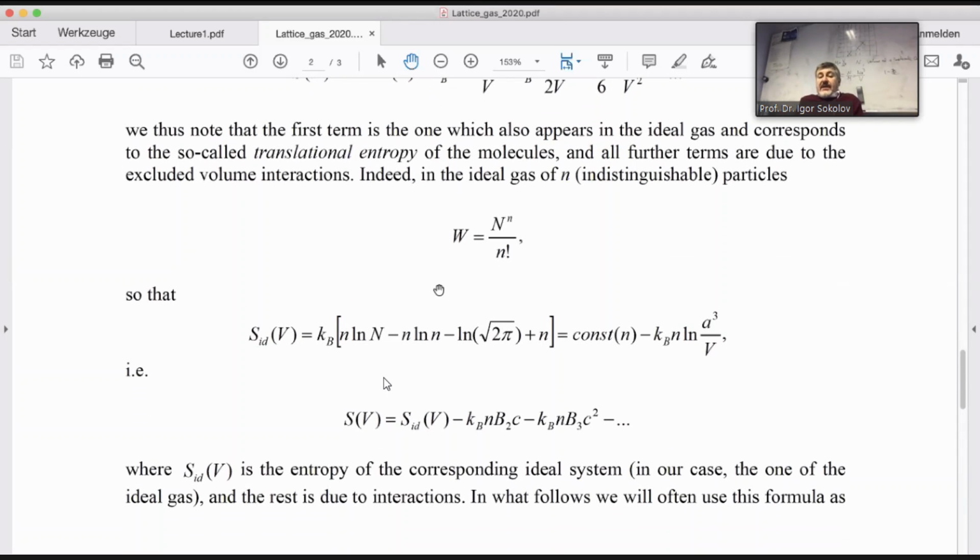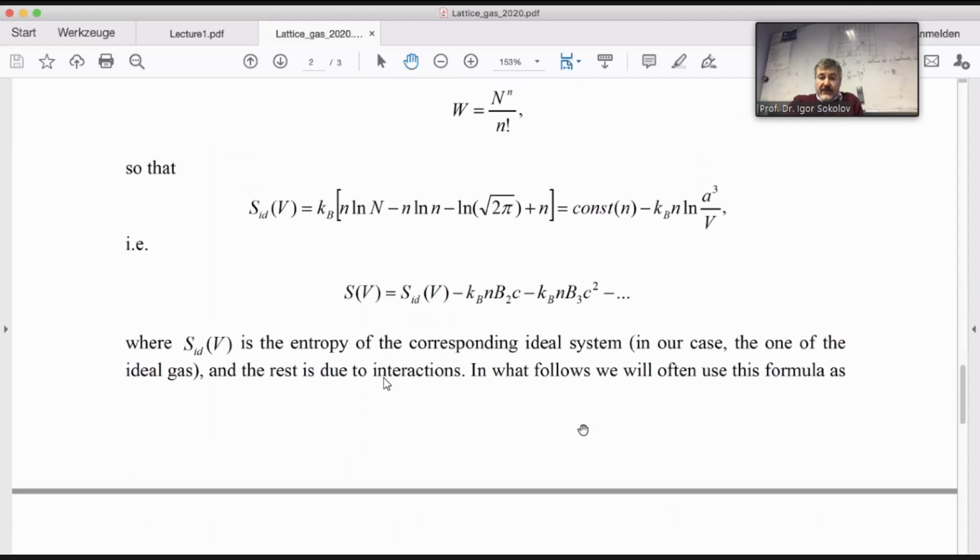It's a very general statement that the entropy, and therefore the free energy, and therefore the pressure of a system with interaction, because introducing the excluded volume, we introduce the interaction between the particles. The expansion of the entropy or whatever other thermodynamical parameter of your system with respect to volume starts from the ideal system, the ideal gas, and then it has the terms which are power laws in concentration. This is a universal behavior.